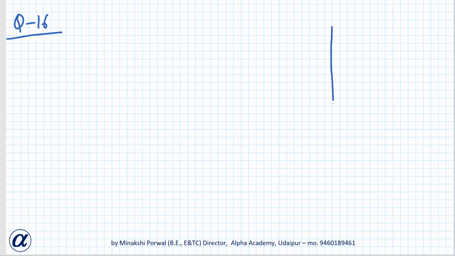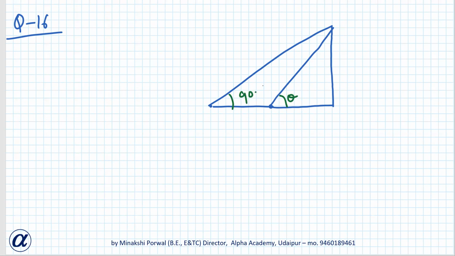Basically there is a tower, and its angles of elevation from 4 meter and 9 meter distance from its foot make two angles, and these two angles are complementary. Complementary means if this is theta, this is 90 minus theta. We have already studied complementary angles, and if angles are complementary, their sum is 90 degree.